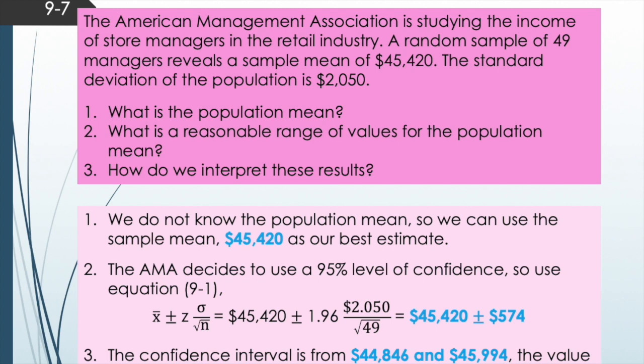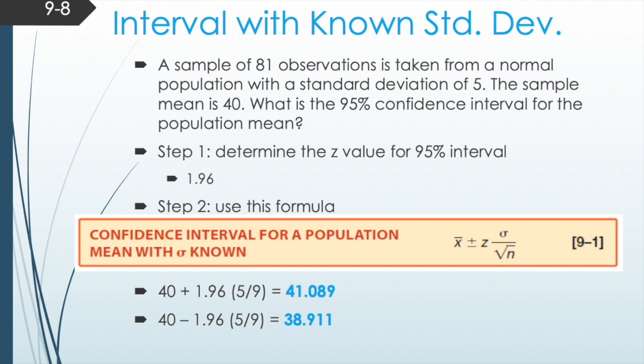And so we get 45,420 plus or minus 574, and we call this 574 the margin of error. And so our confidence interval then is 44,846 up to 45,994.